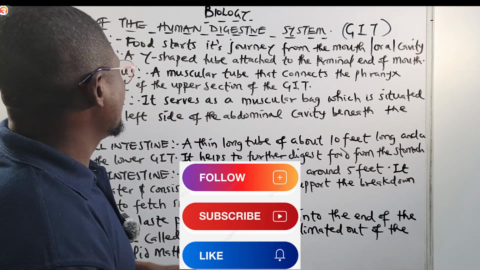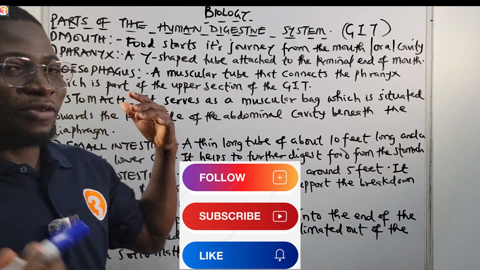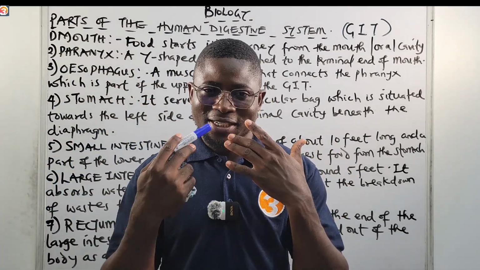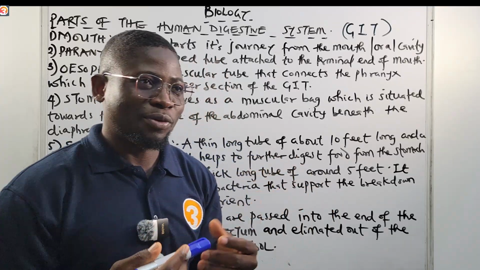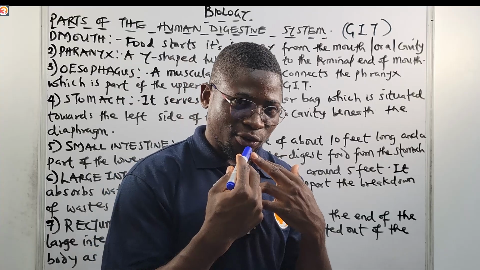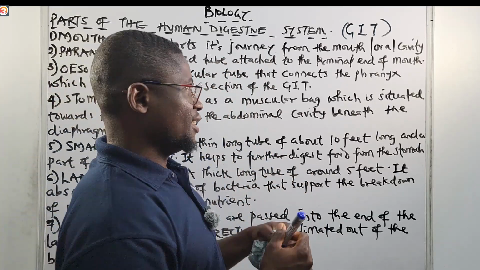All right, so now let us look at the parts of the human digestive system. Obviously, it's going to begin from the opening in the human digestive system, which is the mouth. That is where the digestion process begins. It begins from the mouth, which is also called the oral cavity or the buccal cavity, B-U-C-C-A-L.